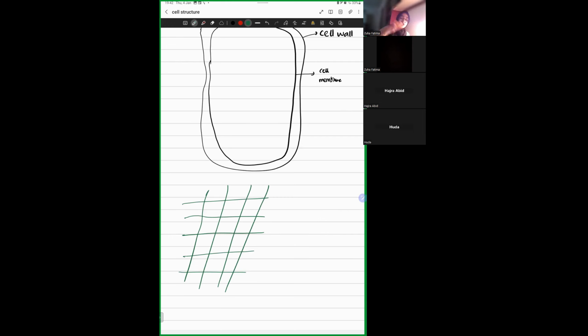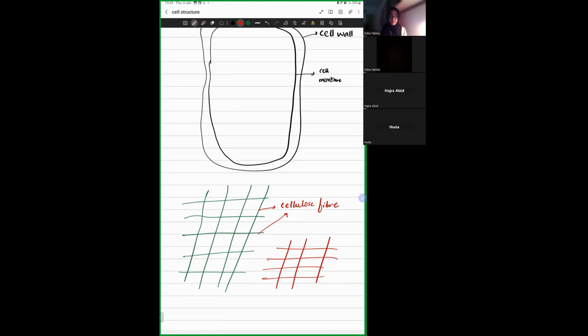So basically, each line that I have drawn over here is a single cellulose fiber. This is a cellulose fiber. This is a cellulose fiber. All these lines that I have drawn, they are drawn in a crisscross manner. I haven't stacked them up on each other, or placed them adjacent to each other. They're actually forming a trap.